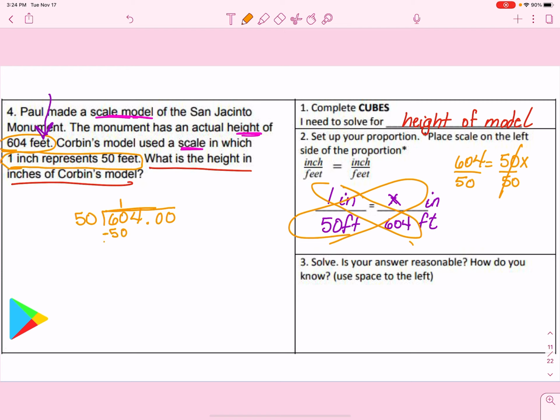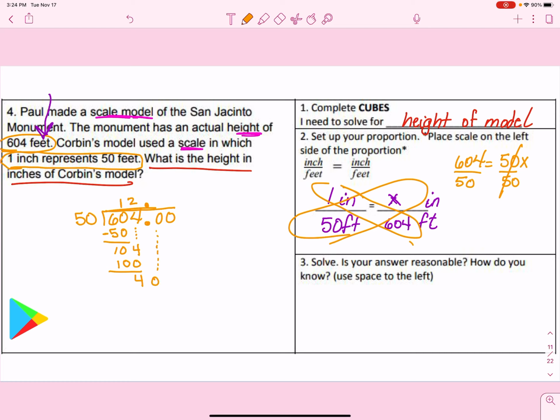And when we subtract that, we get 10. Bring down the 4. 50 will go into 104 2 times. 2 times 50 is 100. Subtract that and get 4. Bring down that first 0 that I added.